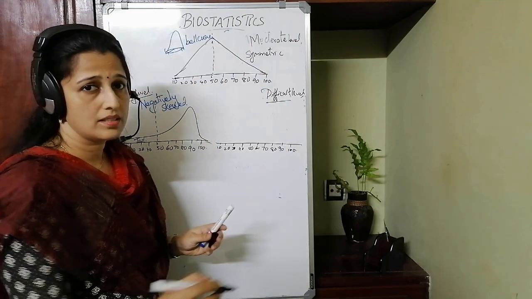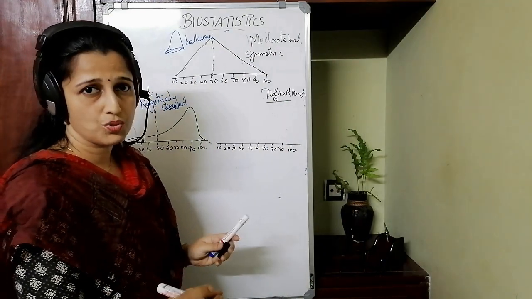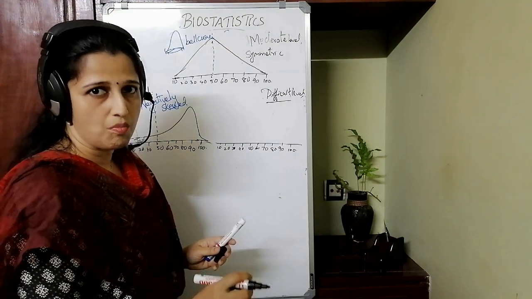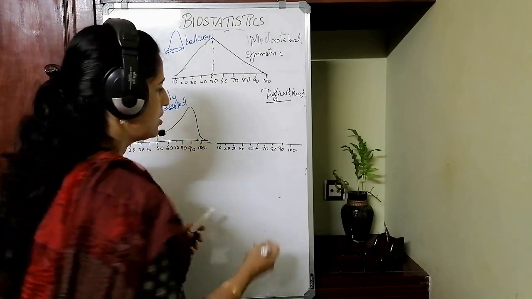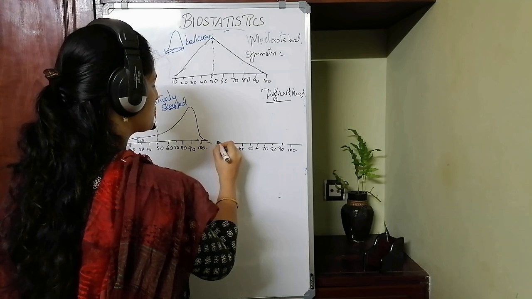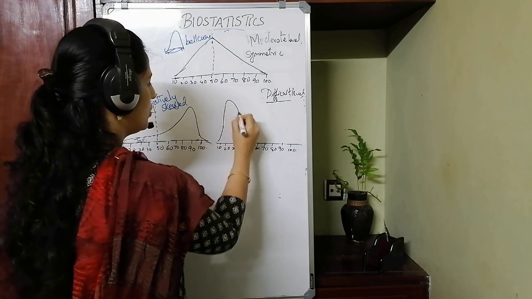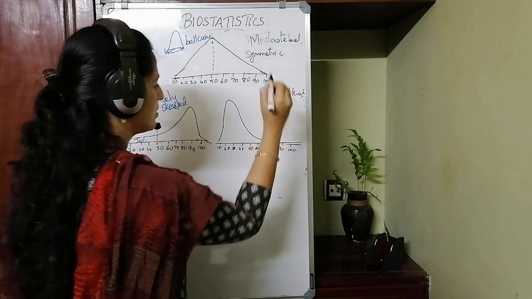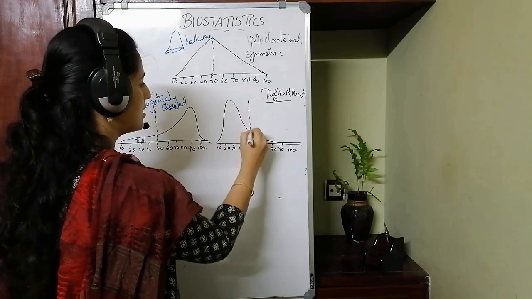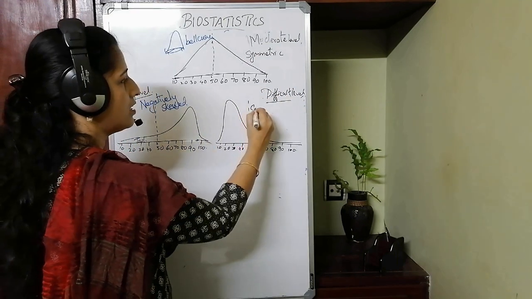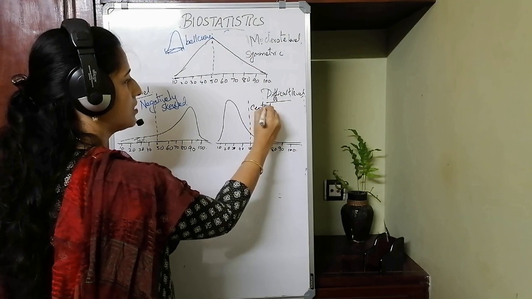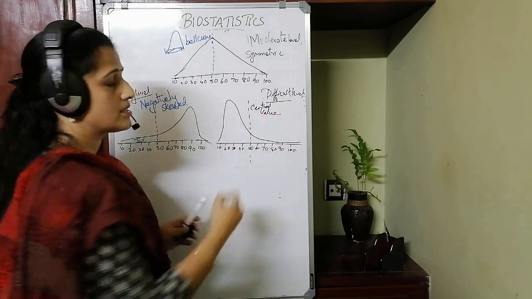And this being a difficult level exam, only very few students score very good marks. Hardly 1 or 2 students will score very good marks, and most of the students will be getting low marks. And here 50 is the central value.